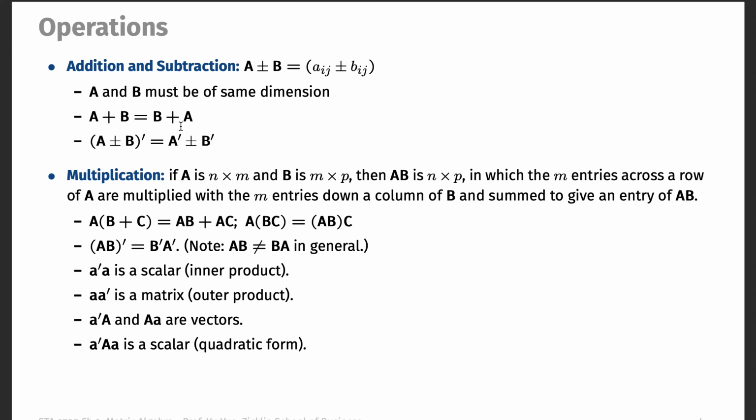A plus B is the same as B plus A, and the transpose of A plus or minus B is the same as transposing each of them and then adding or subtracting them.